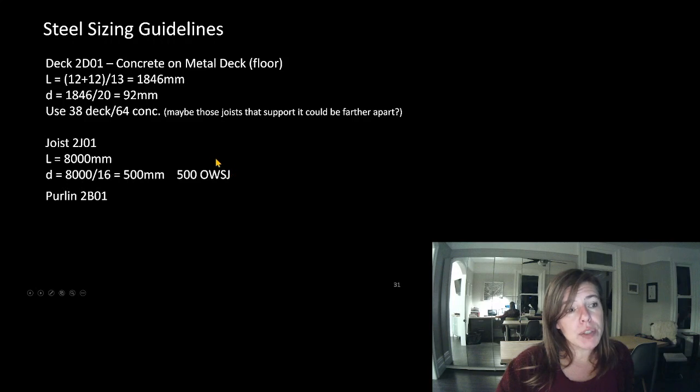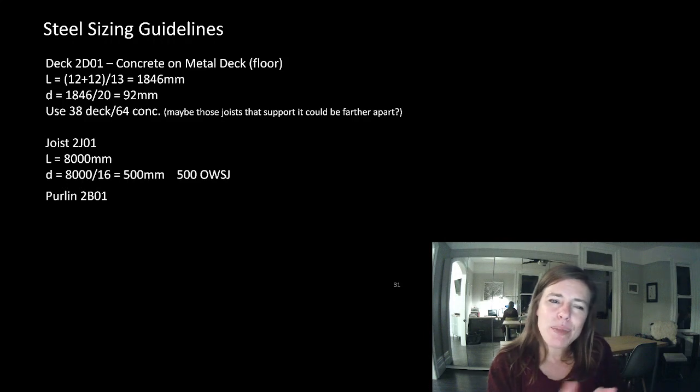What we'll often do, if we know that this could be up to 2 meters on center, we'll say 500 millimeter deep open web steel joist at 2 meters center to center max, meaning maximum, and then we would say divide by equal spaces for the actual situation.